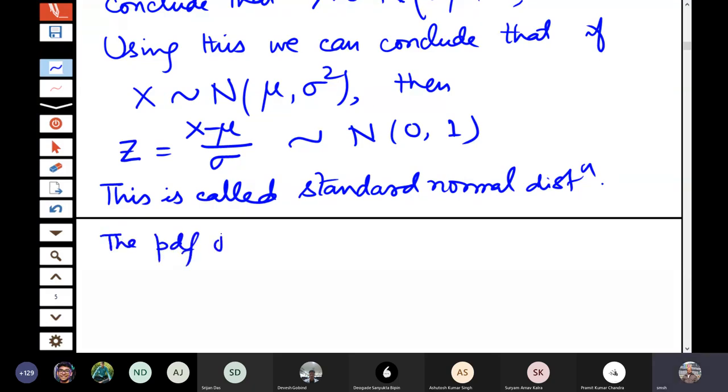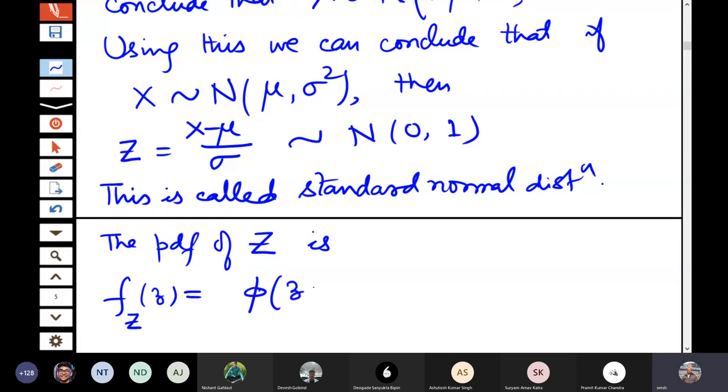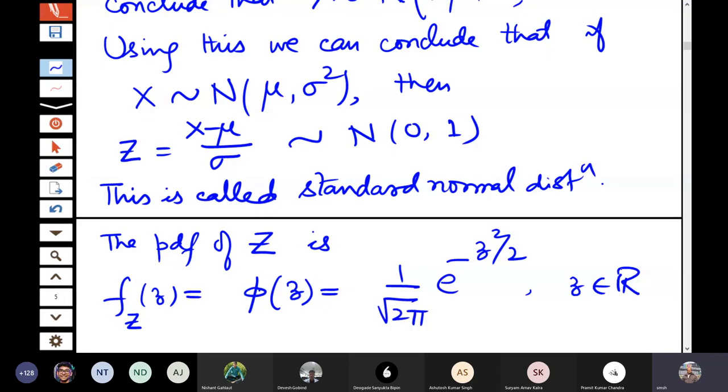The PDF of Z is, we will use a slightly different notation. So we use a small phi notation. Okay. 1 by root 2 pi e to the power minus Z square by 2. Z is from minus infinity to plus infinity.